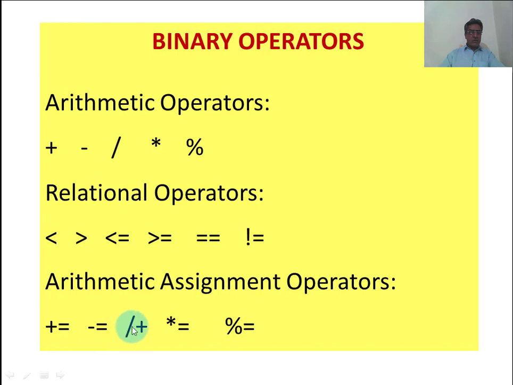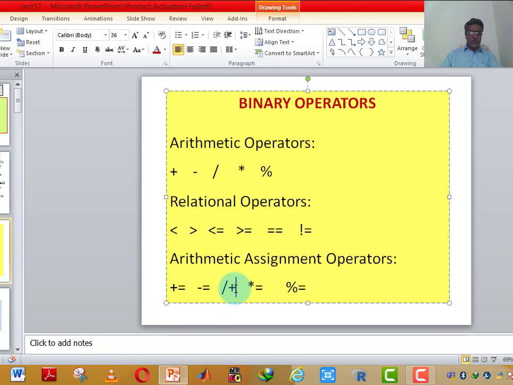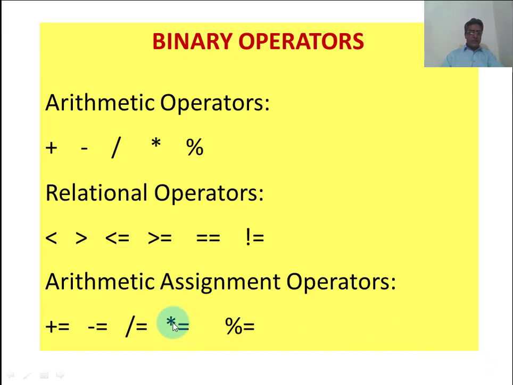Minus is equal to, less than or is equal to, and similarly multiplication is equal to, and modulus is equal to. All these five operators are called arithmetic assignment operators, because with the combination of arithmetic operator and assignment symbols we get the arithmetic assignment operator, and they also need two operands for performing their operation. So these are also binary operators.